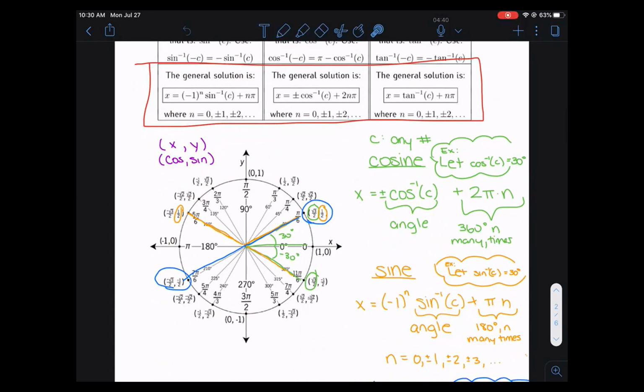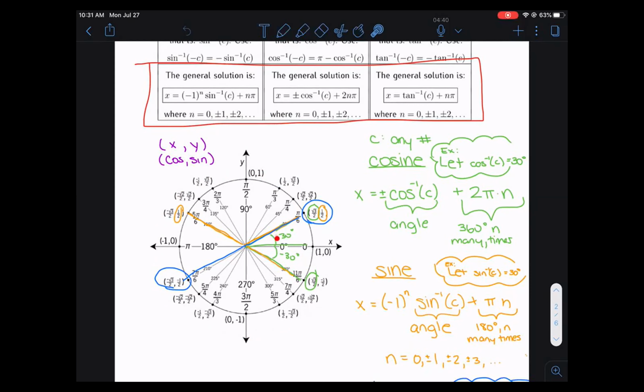If you wanted to find cosine, we're going to look at the unit circle. On the unit circle, remember that cosine represents your x value. Since you have the square root of 3 over 2, you have to look on the unit circle: where else is there a square root of 3 over 2 on the x coordinate? That is right here. This angle was 30 degrees, and this x coordinate is also 30 degrees, but on the negative side.